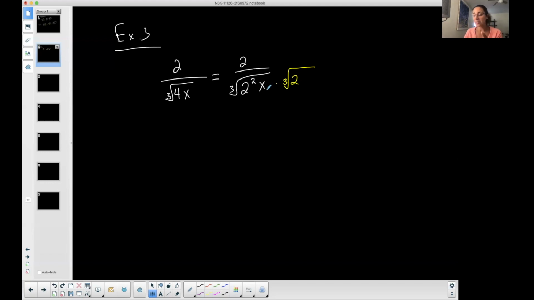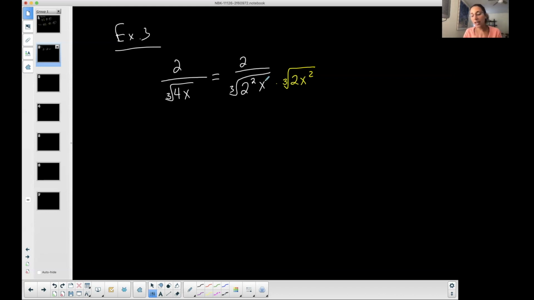Let me talk about the x's because the variables follow the same idea. If I have 1x, right, this is an x to the first power, and I need 3 total, that means that I need 2 more to make a total of 3. I'm multiplying x to the first times an x squared. That's going to give me an x to the third, and I want 3 of them because I have a cubed root.